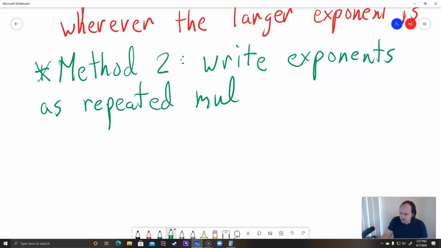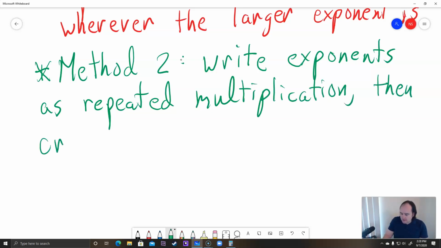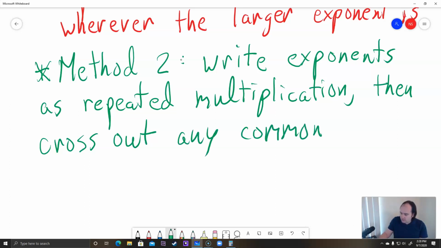Then you cross out any common factors. And when I say common factors, I mean common factors on the top and the bottom.